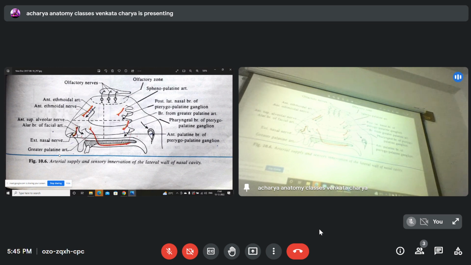Okay, are you getting? So this is the lateral wall. Let's apply now septum supply. Next, nasal septum.